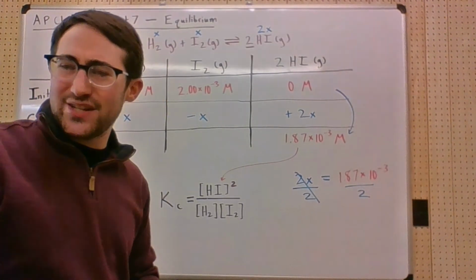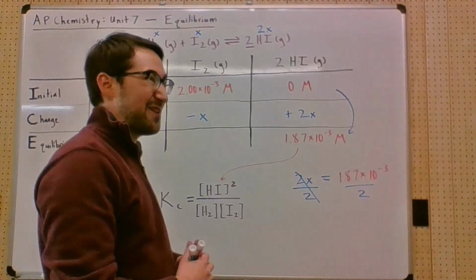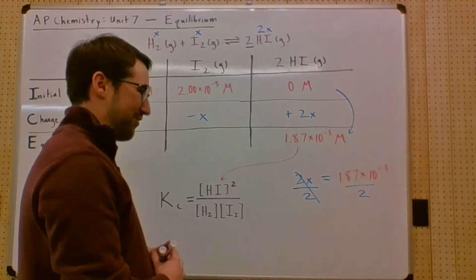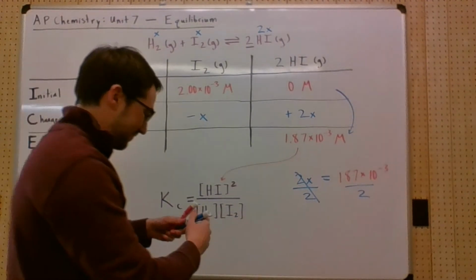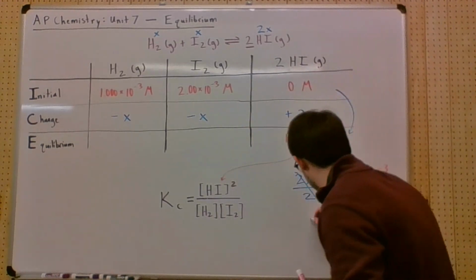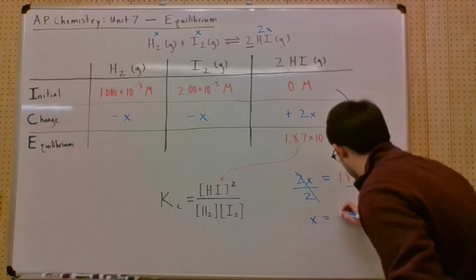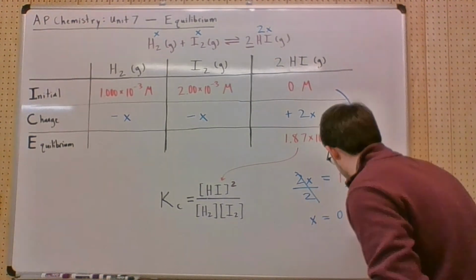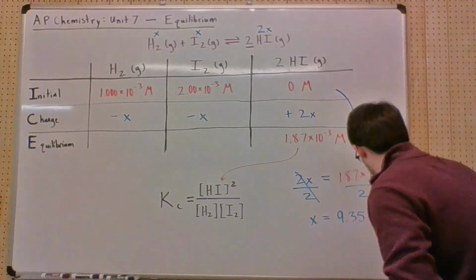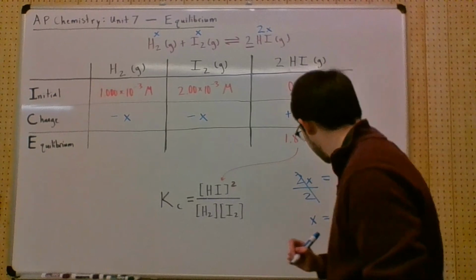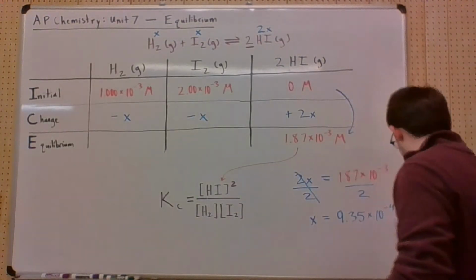In scientific notation, that would be 9.35 times 10 to the negative 4, I believe, because we're moving past 3 zeros and then another one. So my x is equal to 9.35 times 10 to the negative 4th molar.